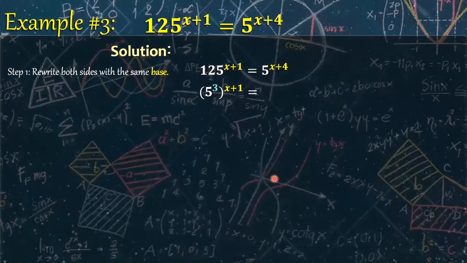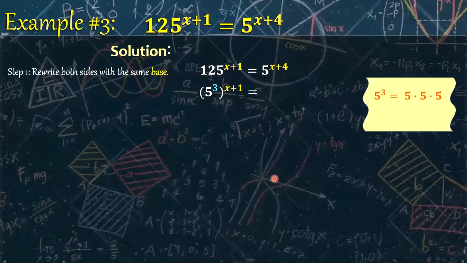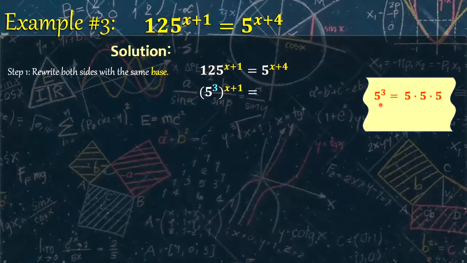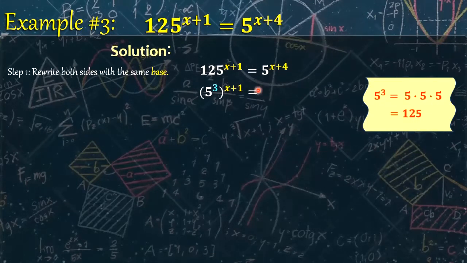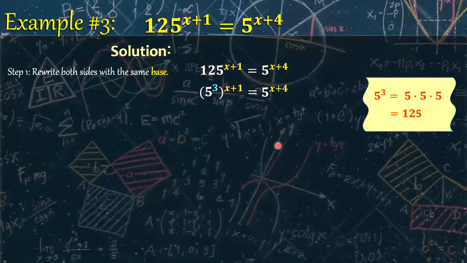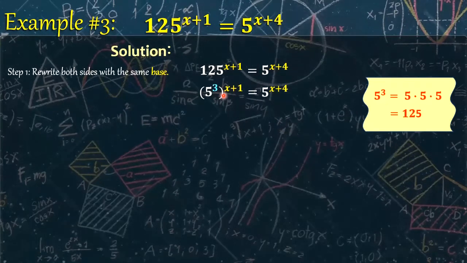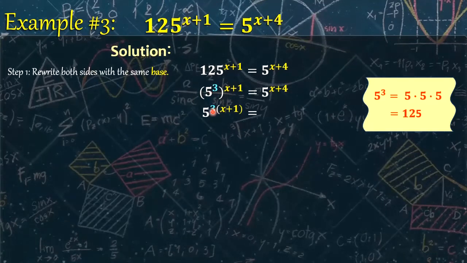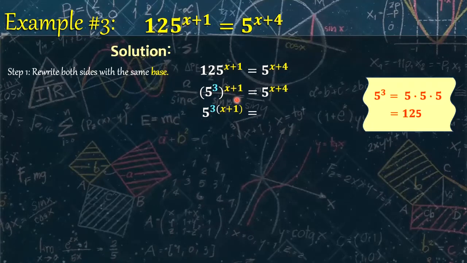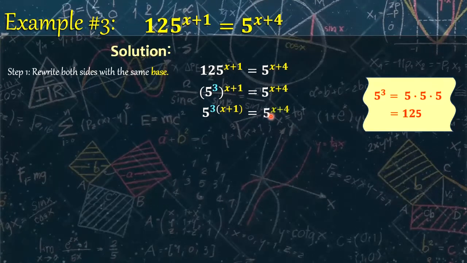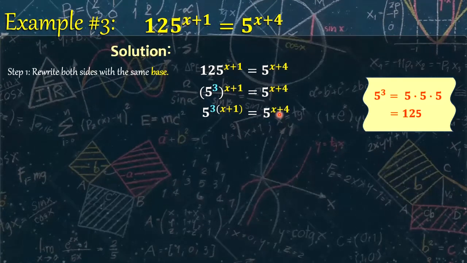That should be 3, because if we simplify, multiplying 5 three times, the result is 125. So copy the expression on the right side. And then this one can be written in this format. We have 3 times the exponent x plus 1. And then copy the expression on the right side.